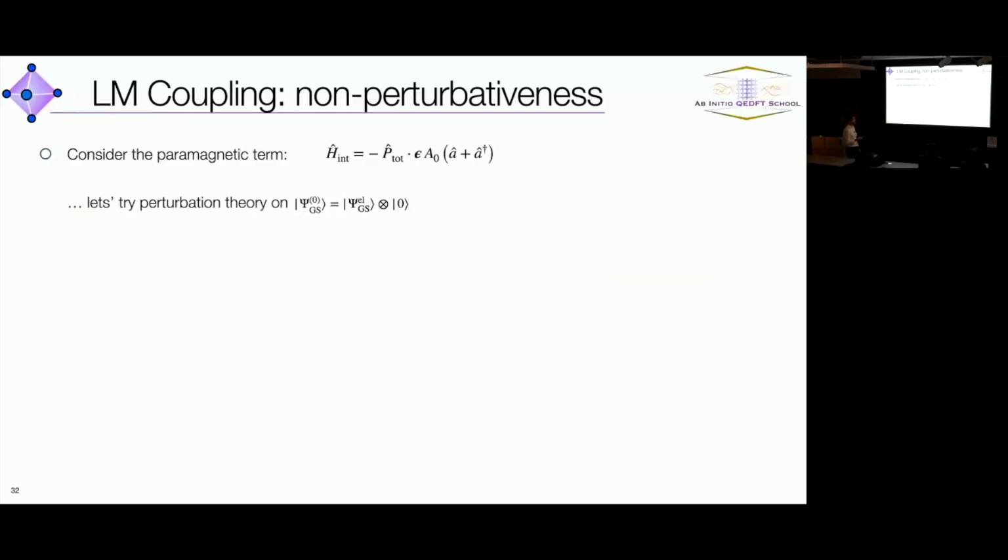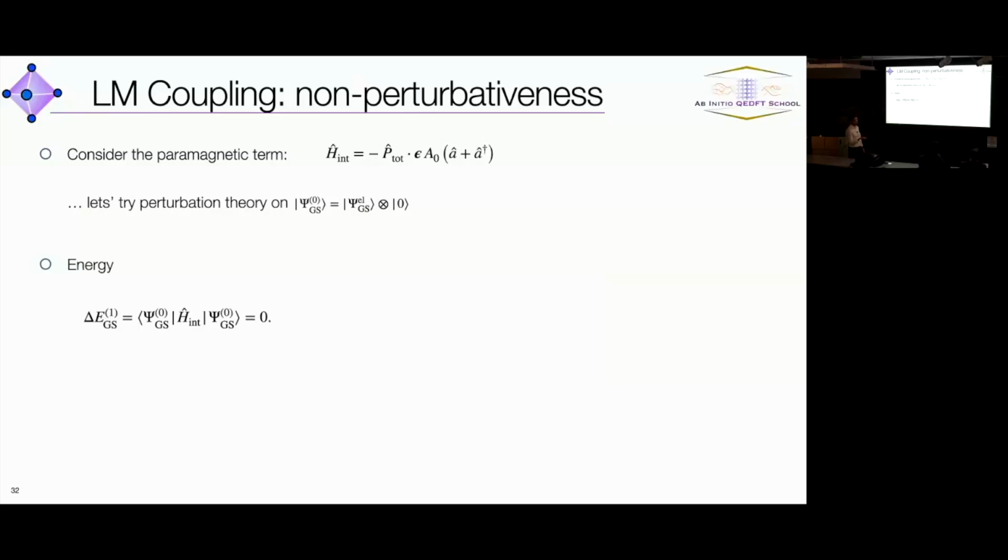That's where you would start perturbation theory for a combined light-matter system. So you have the electronic ground state and the zero-photon state. You do first-order perturbation theory on the energy, you get 0. Why? Well, you have here, for example, a dagger plus a. Whenever you take the bracket of that with 0, you get 0.